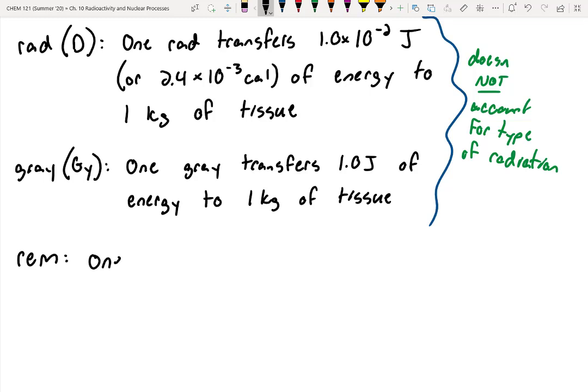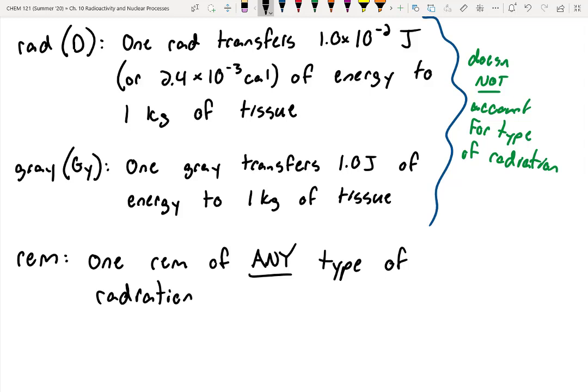And it says that 1 rem of any type of radiation is equal to 1 Roentgen of X-rays.